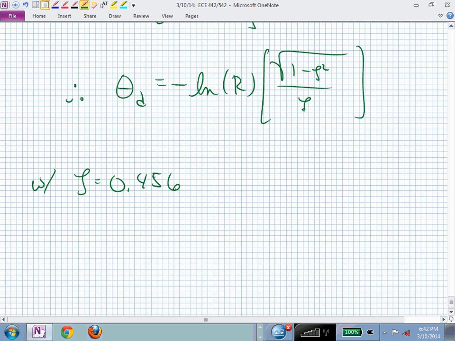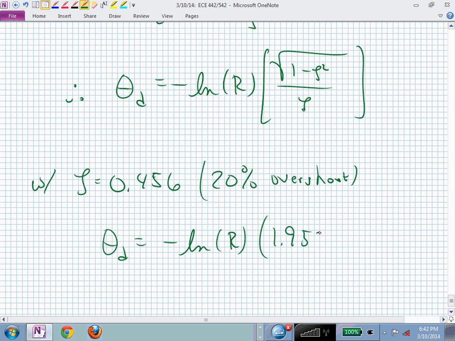With zeta of 0.456, which was our 20% overshoot, so we're living right on the edge of that constraint. We're not trying to restrict that. Then if we plug in that zeta value in the square brackets, we end up with theta sub d equaling minus ln of r times 1.952.